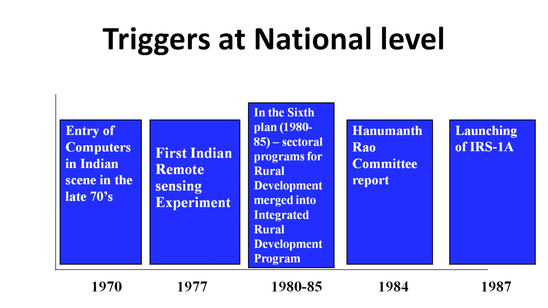The Hanumantha Rao committee report, which emphasized data-based local level development planning, was also an impetus for the development of this ecosystem. And definitely the launch of IRS 1A in 1987 was another impetus for the development of the geospatial ecosystem in the country.